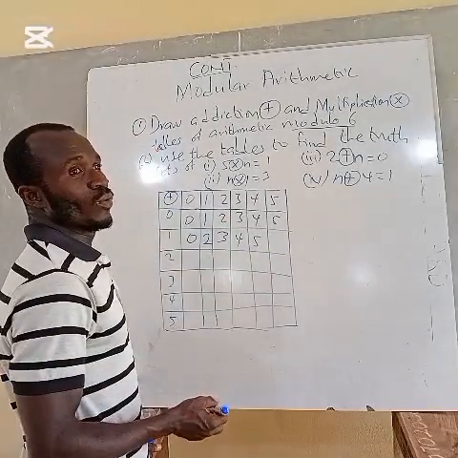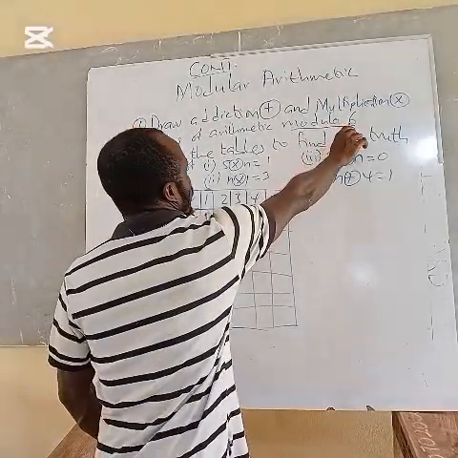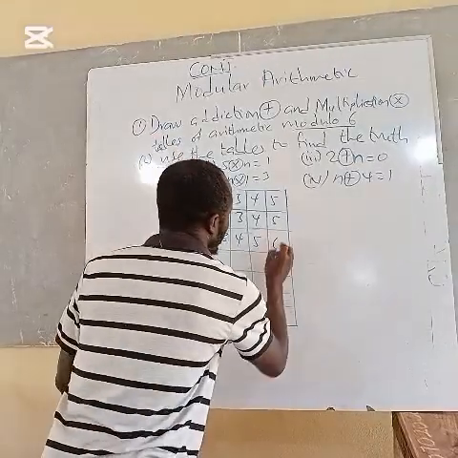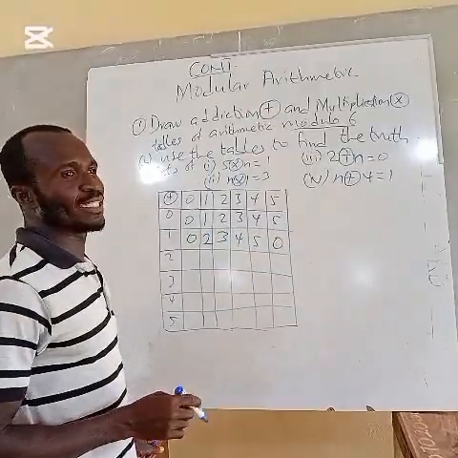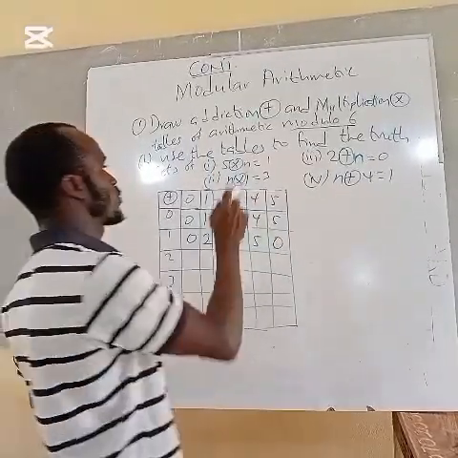With 6, since we are in modulo 6, we write 0. We don't write the 6 because our modulo ends at 6. So we write 0.